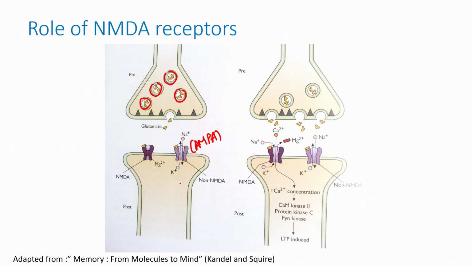Now, such a behavior is in contrast to AMPA, which is just a simple regular conduction, a simple receptor where it binds to glutamate, the pore opens up, and then sodium and potassium exchange happens. So, neuronal conduction happens. However, for this receptor to open its ion channel, it needs to have two things.